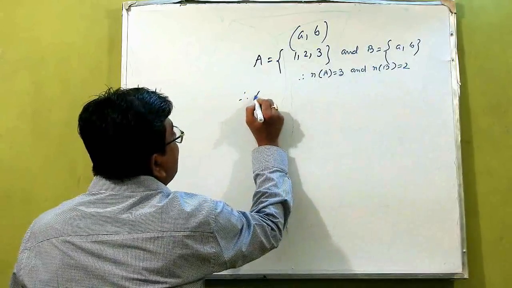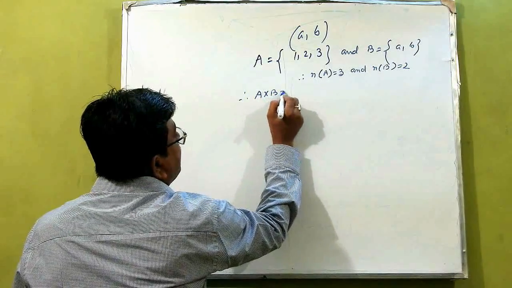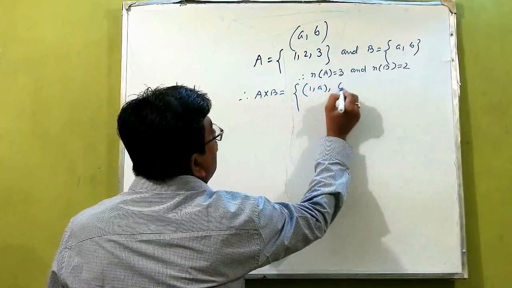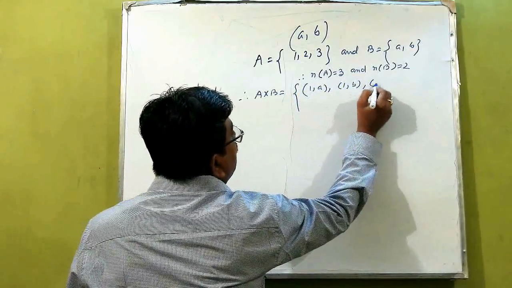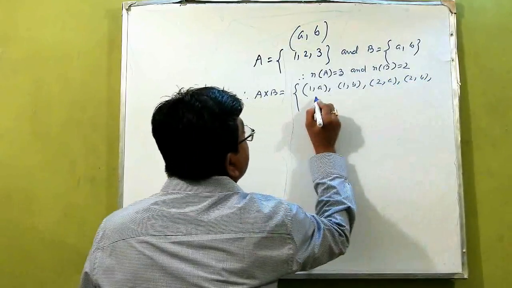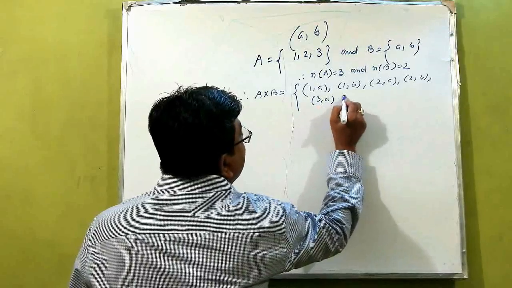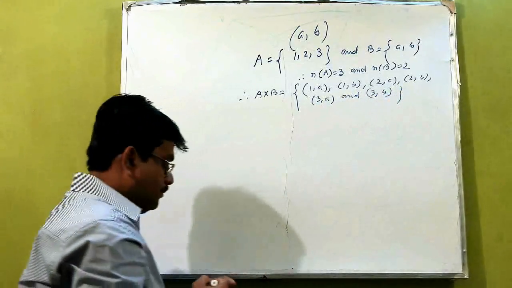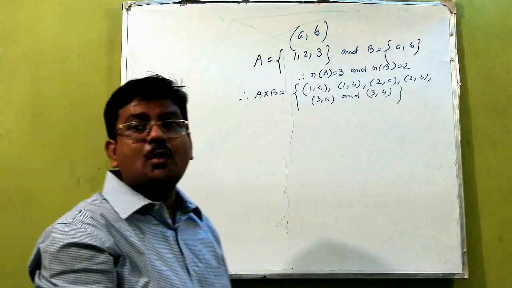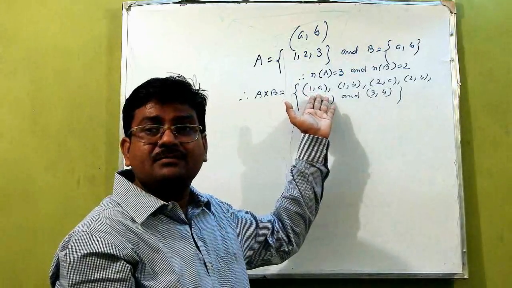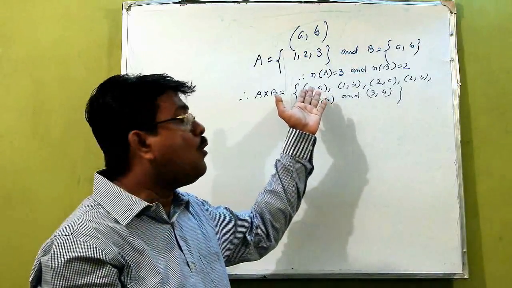Therefore, the Cartesian product A cross B is equal to (1,a), (1,b), (2,a), (2,b), (3,a) and (3,b). Therefore, the elements of the Cartesian product A cross B are ordered pairs. You see it clearly on the board.